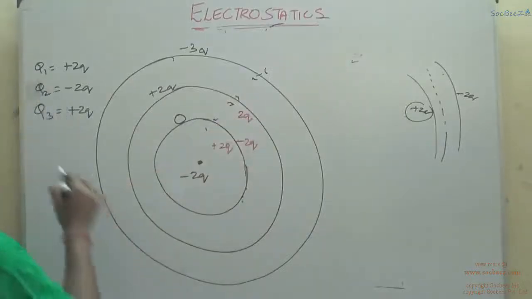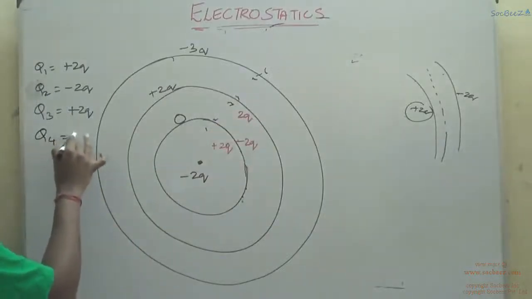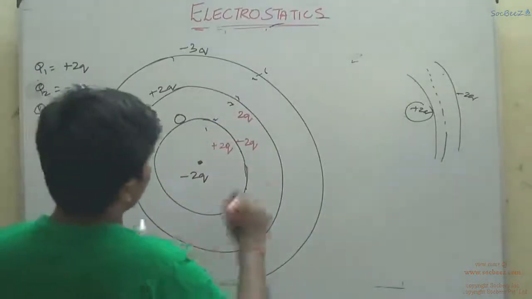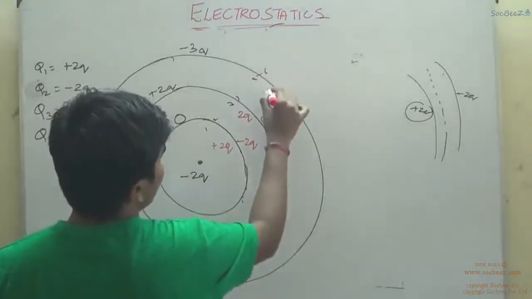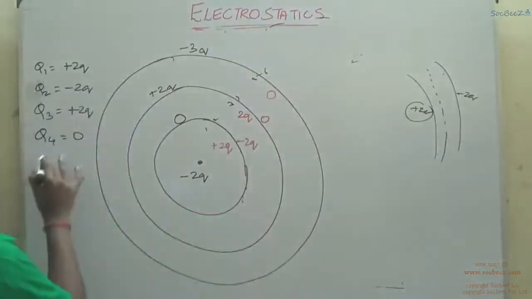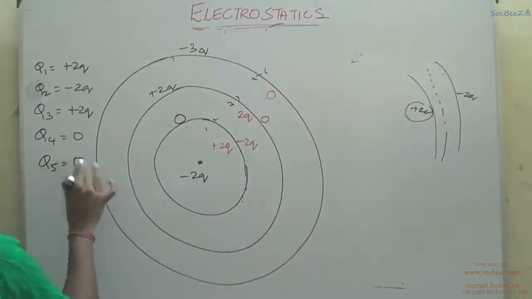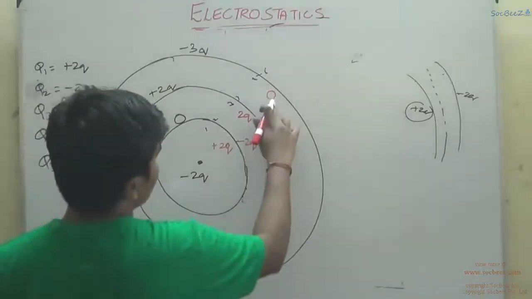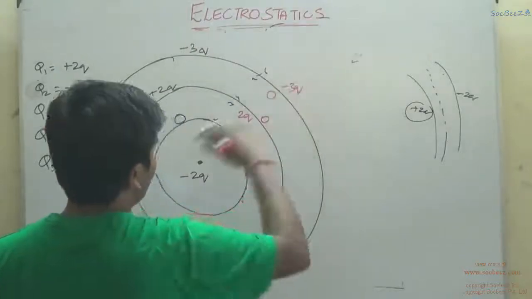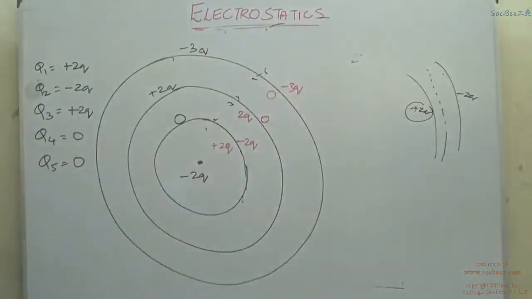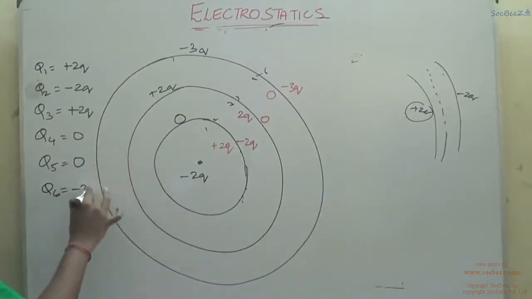So what will the fourth surface have? The fourth surface will have 0 charge. Now if this is 0, the opposite face should also have 0. Now if this is 0, the whole of the charge should occur on the opposite side, right? Like at the extreme end. So Q6 will be 0. Sorry, Q6 will be minus 3q.